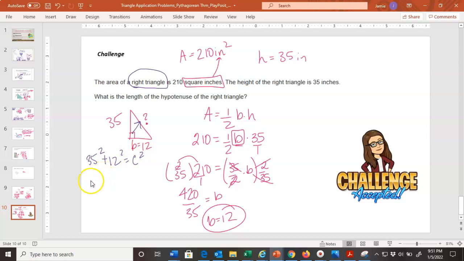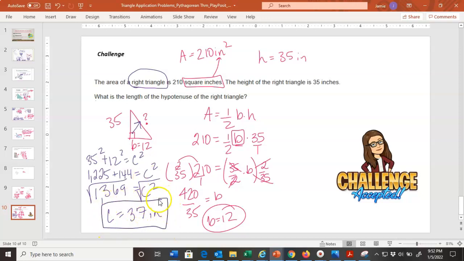So 35 squared is 1225 plus 144. You get 1369. So we'll take the square root of both sides. And C is 37. 37 what? 37 inches. We found the hypotenuse.